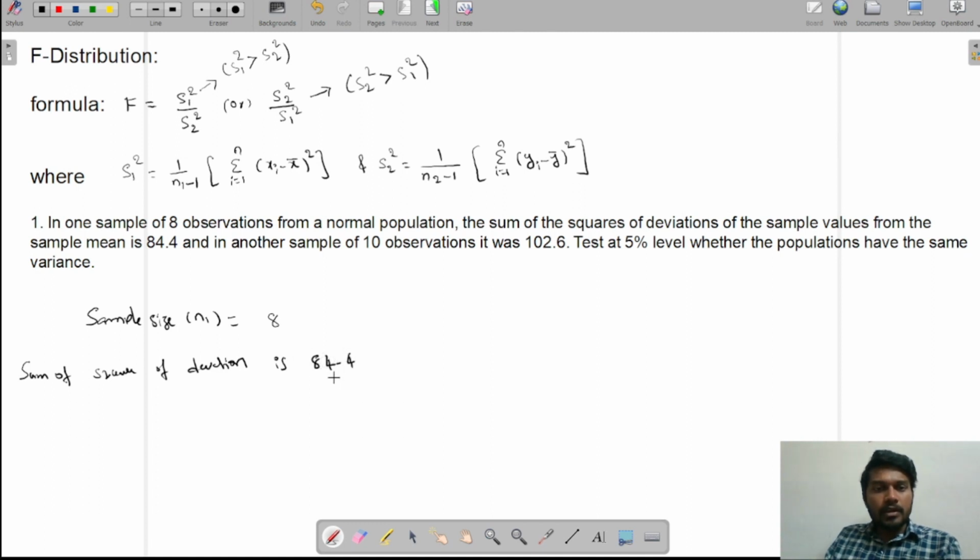So my question: how do you denote this value in terms of probability? Sum of the square of the deviation.